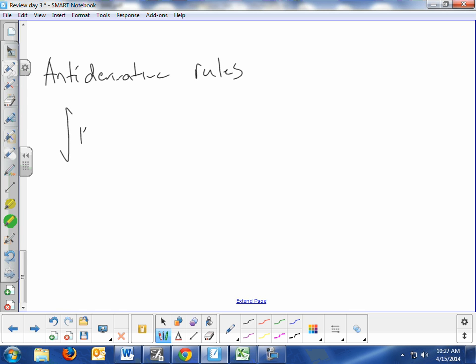The first one is take the antiderivative of a constant k with respect to x. What would that equal? Kx plus some constant c. So that means if I just had dx, what's the antiderivative of just dx? X.